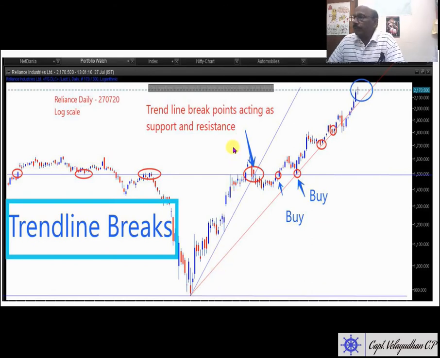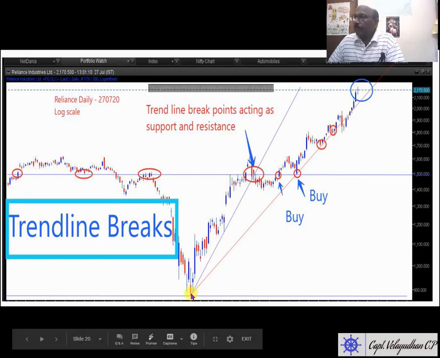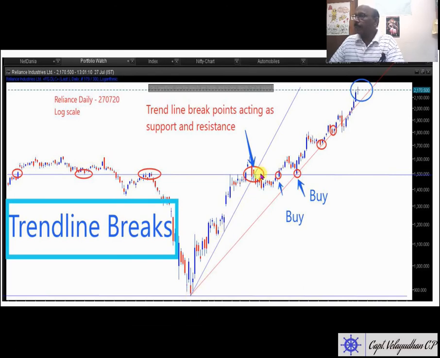Same Reliance chart, I draw one trend line from this point to this point and extended ahead, and here the price broke. This point, this candle didn't, it broke, but it moved up, it closed above the trend line, but here it gapped down and broke.